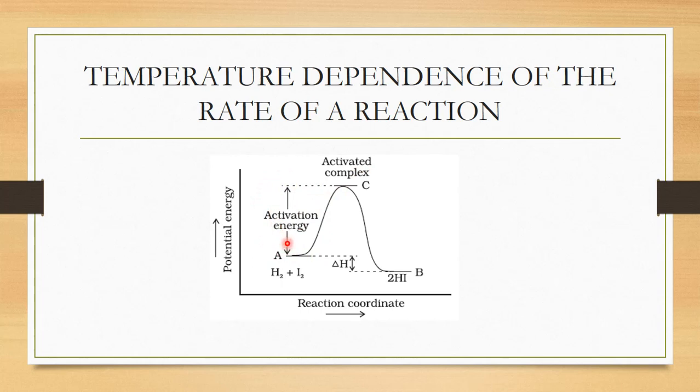So why does the rate of reaction increase with temperature? This is because the molecules get this activation energy. It becomes easy to form an activated complex or an intermediate. And once this intermediate is formed, then automatically the product will be formed. The difference between the energy of reactants and products will give you delta H, that is the enthalpy of the reaction.